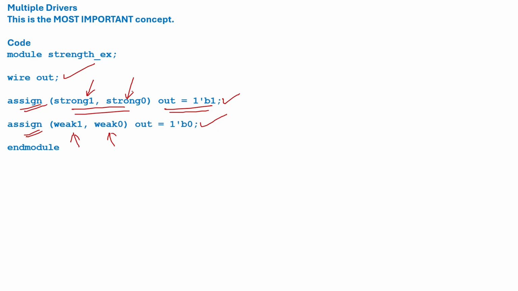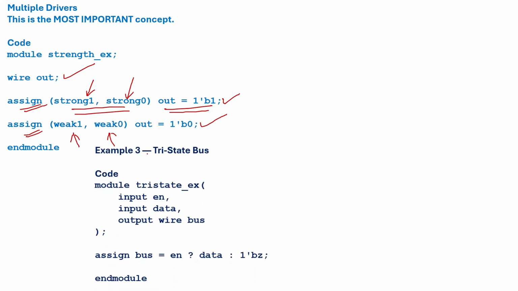One signal I am driving with strong 1, the other with weak 1. Who wins the race here? The strong signal wins, because strong has the highest priority and weak the lowest, so I get the output 1. See, this is the tri-state buffer. Why do we go for a tri-state buffer, or tri-state bus?